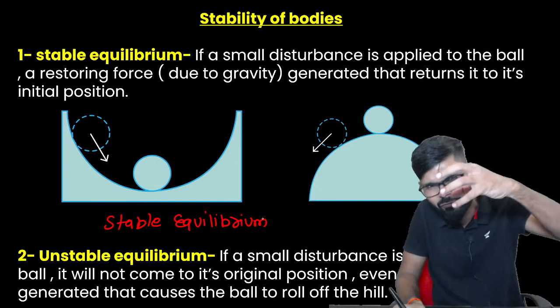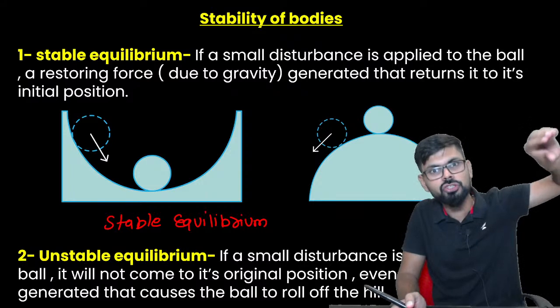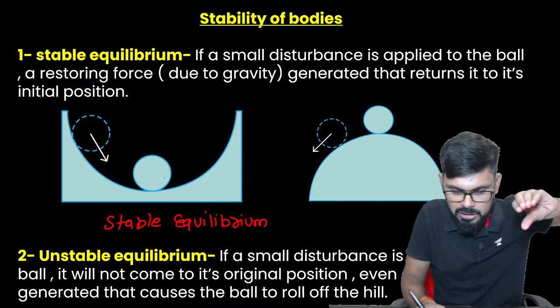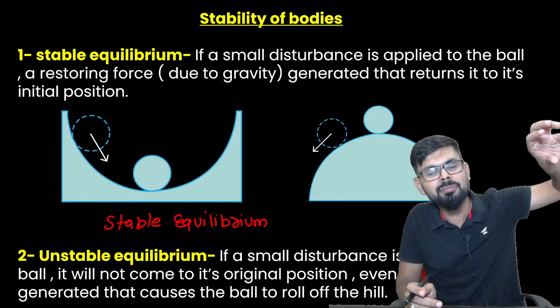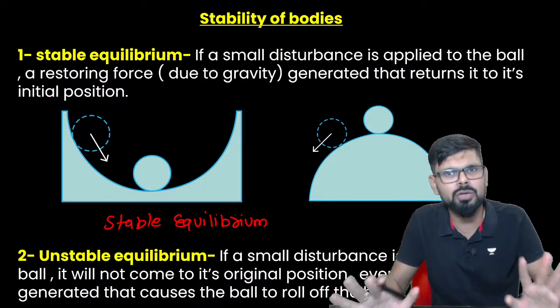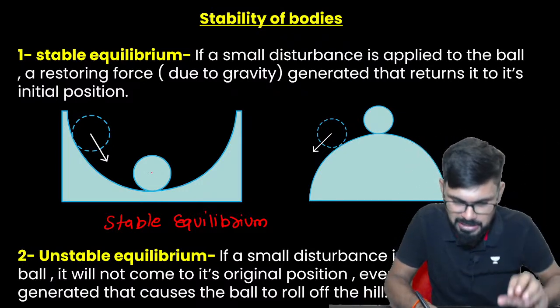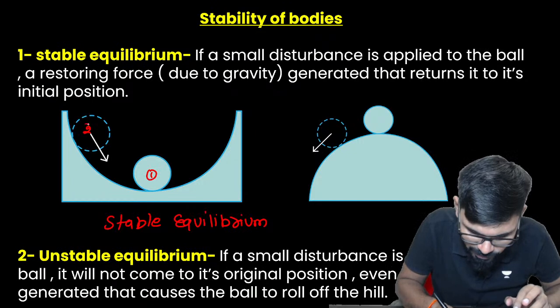Now you can see that if you pull or change the position of this ball, then after some time it will try to regain its original position, because once you move from the initial position, this is the initial position, this is the final position.